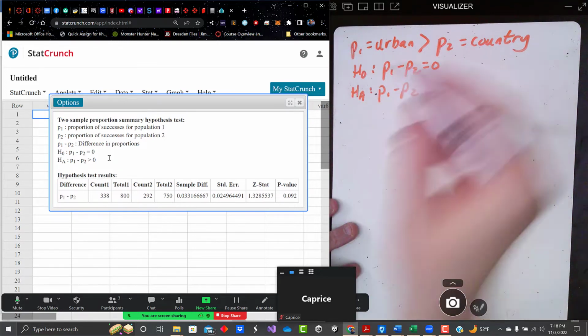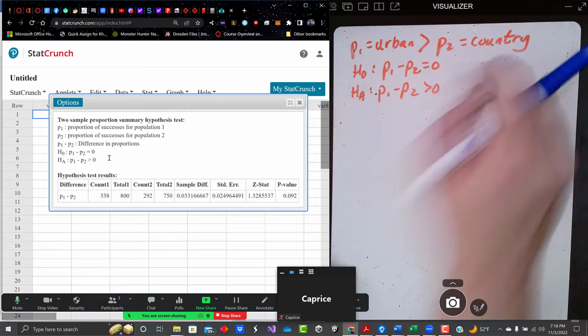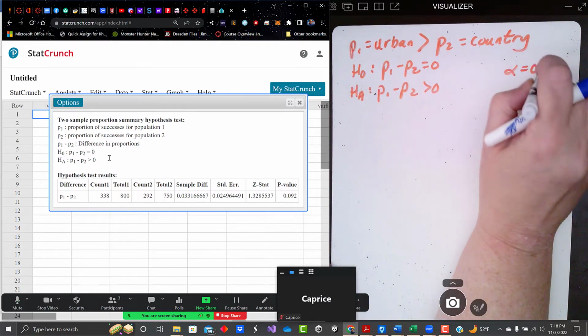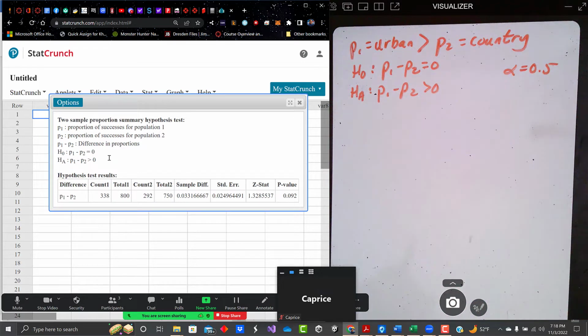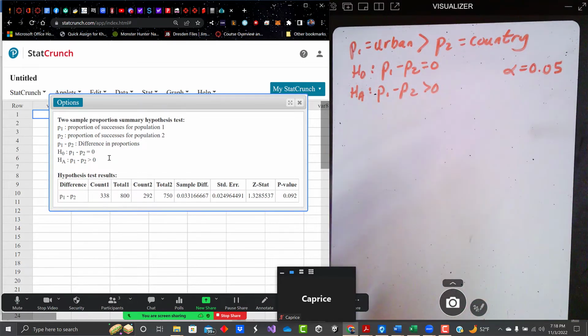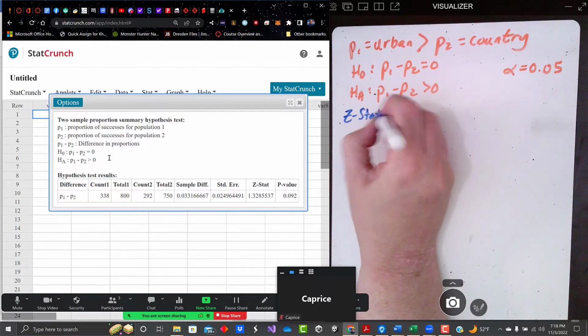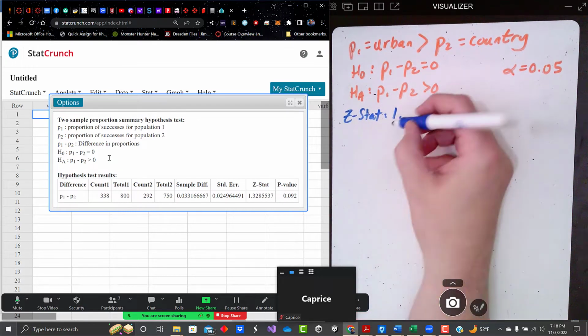So it gives me my z-stat. That's my test statistic. Oh, we had alpha equals 0.05, not 0.052. So the Z-stat is 1.329.